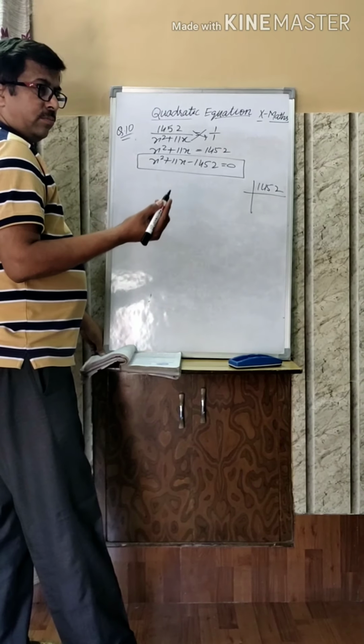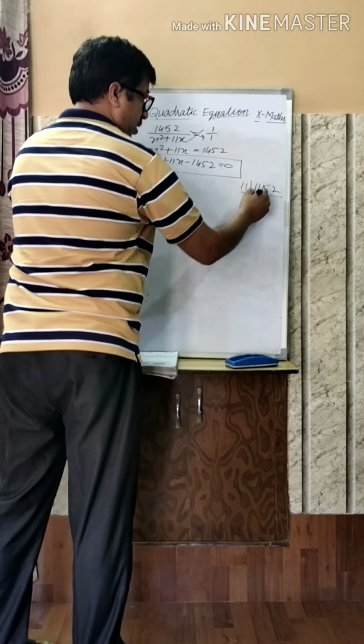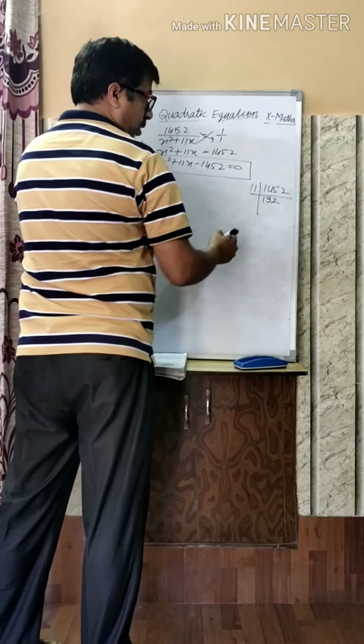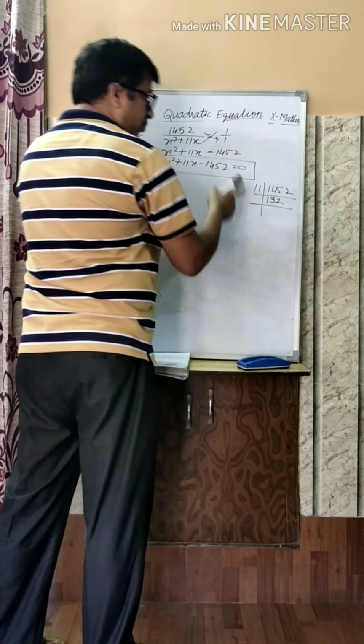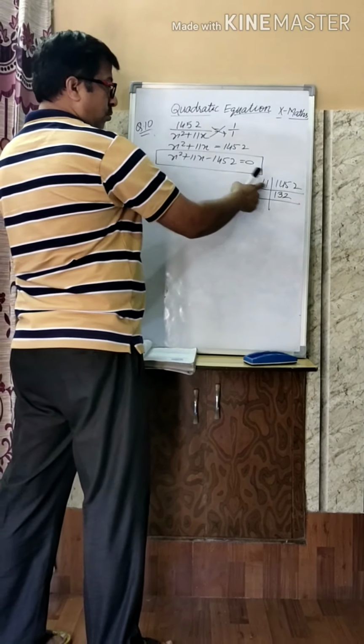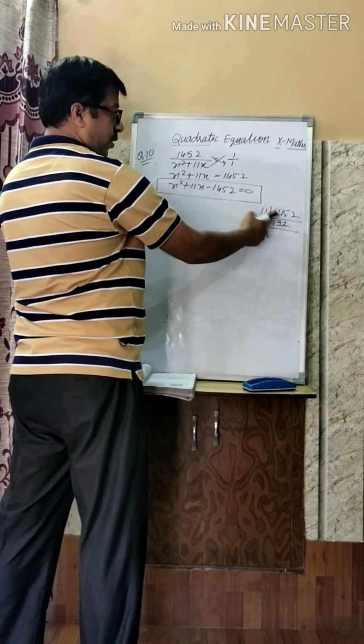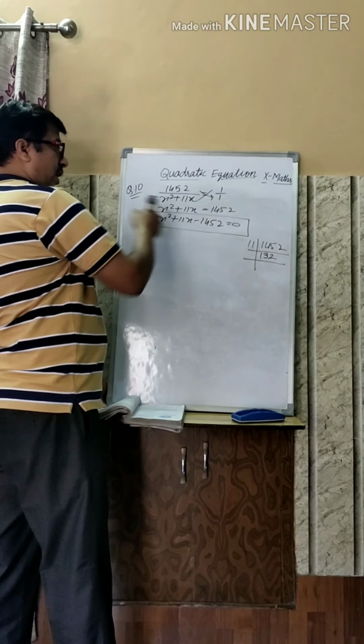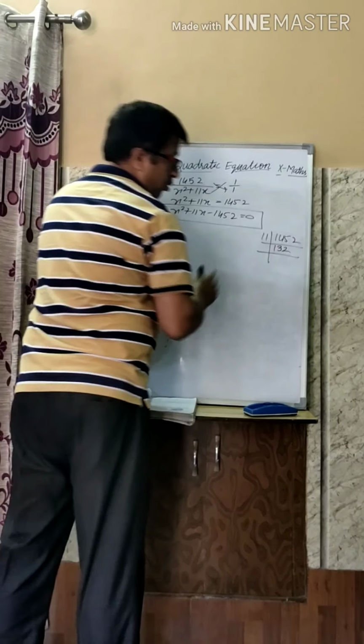So make the factors of 1452. It is divisible by 11 simply. 11 ones are 11, 11 threes are 33, 11 twos are 22. Again you see if it is divisible. First you check 11 into 132, 1452. 11 plus this, it is 143, but I want 11. Then it is not applicable.